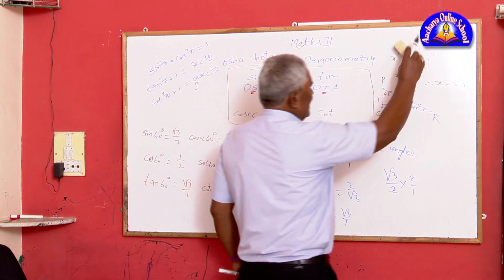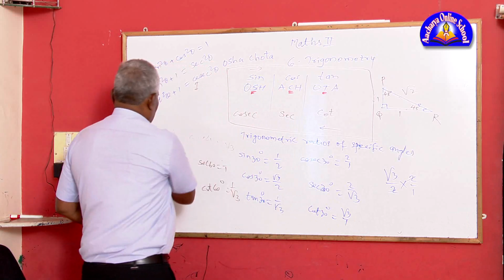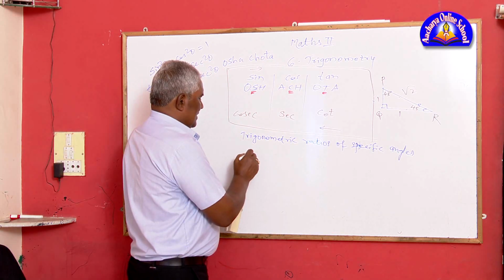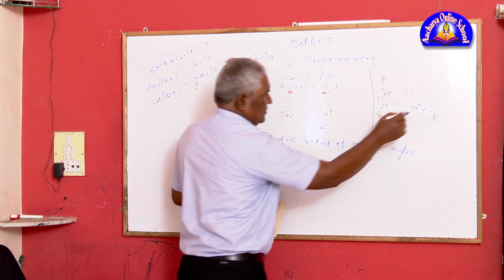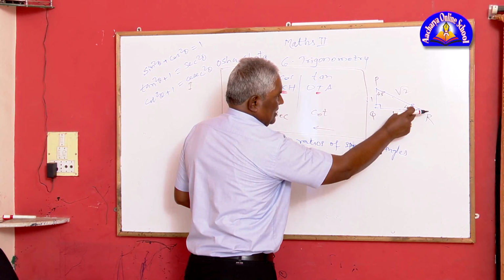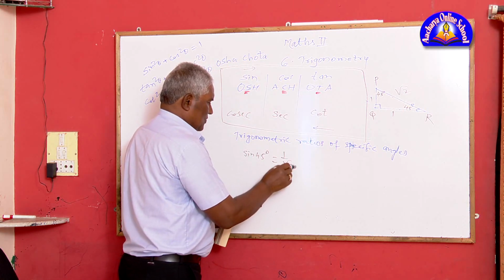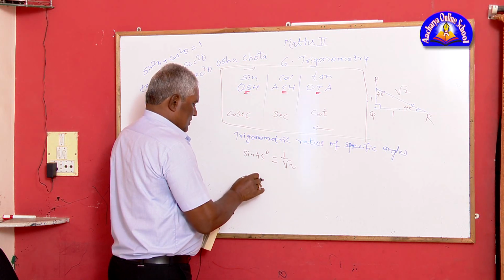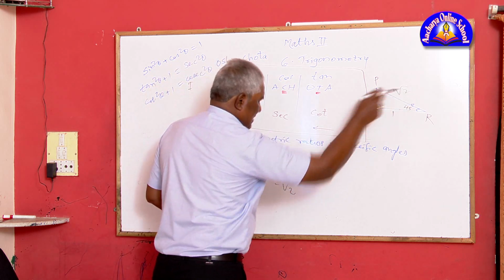And therefore this side will be root 2. Now you will get 6 ratios. Sin 45 degree: suppose you are considering this angle, opposite upon hypotenuse, 1 upon root 2. Cos 45 is also adjacent upon hypotenuse.